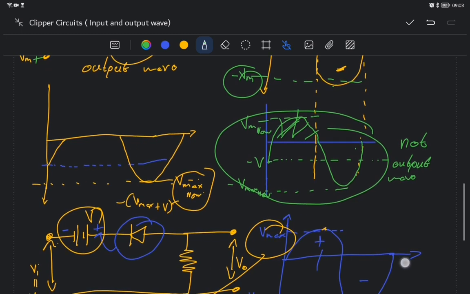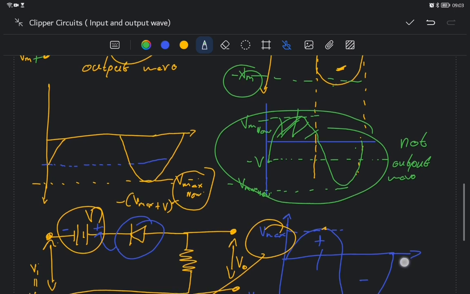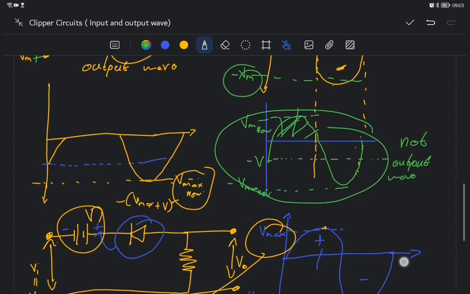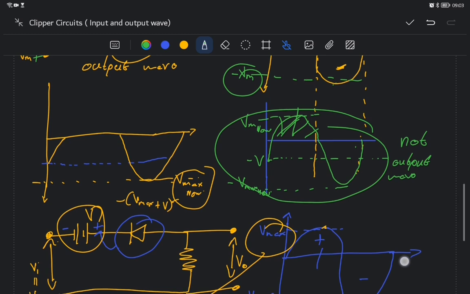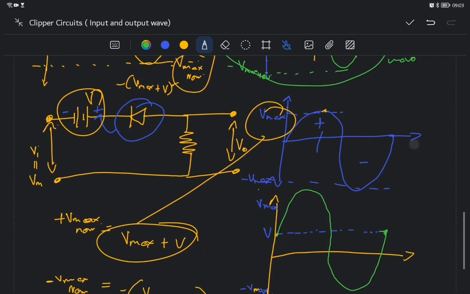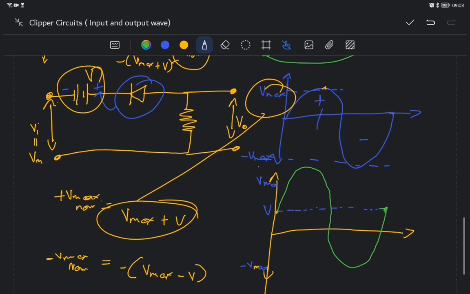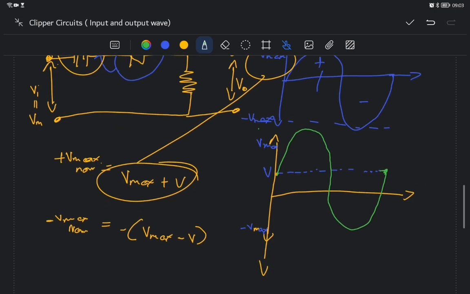What we need to do here is check again, since now we've got this point shifted a bit. It's no longer Vmax. I lied here.